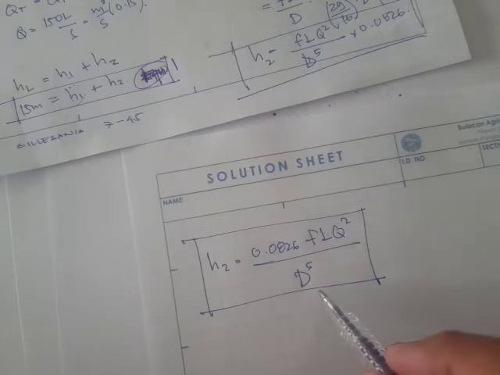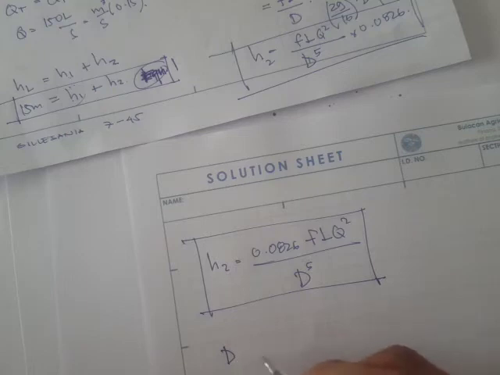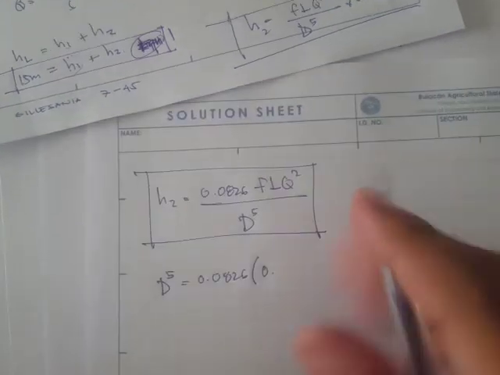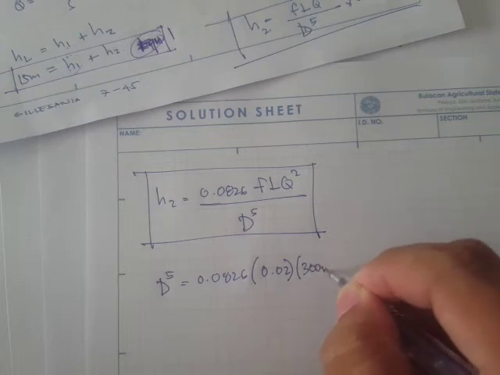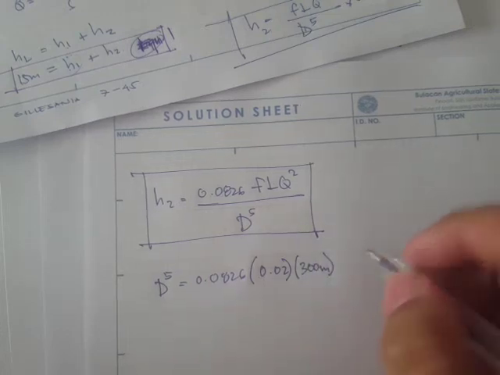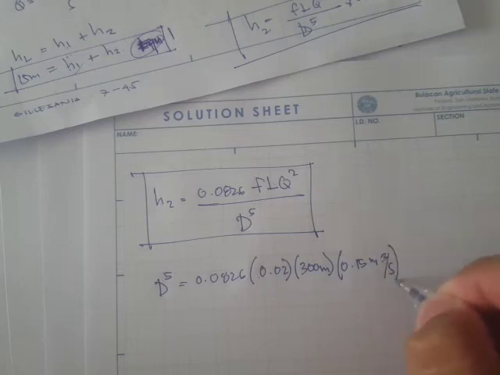Since in this problem we are solving for D, then D raised to 5 is 0.0826 times our friction factor, that's 0.02, times the length, which is 300 meters, times our flow rate of 0.15 meter cube per second.